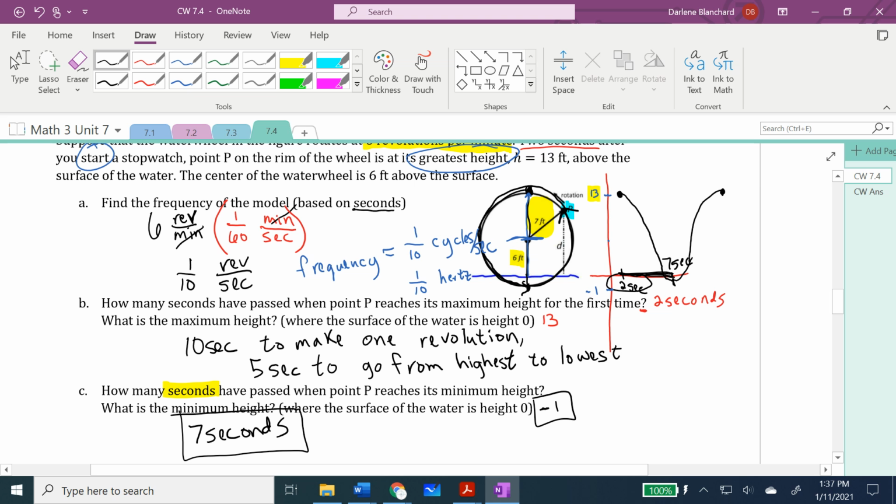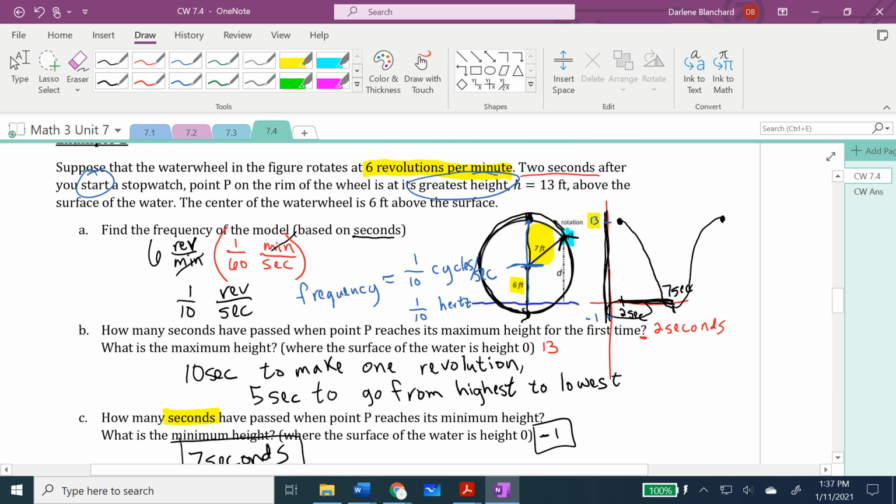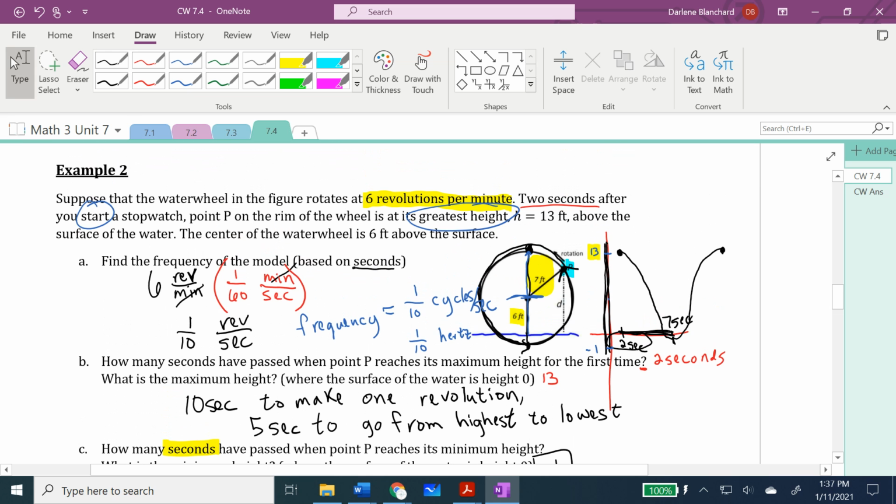And that's in a way separate from looking at the Y value, which is in terms of feet. And so the first thing is we have 6 revolutions per minute. And what we got from that was that we will get 1/10 of a revolution for every 1 second.